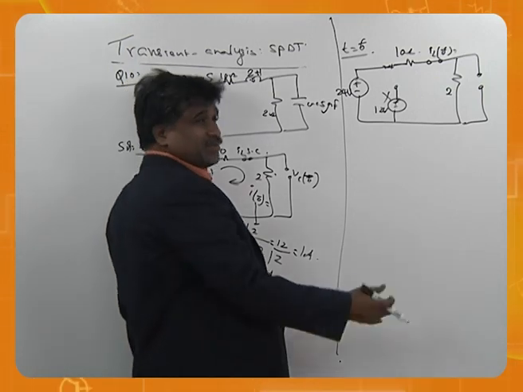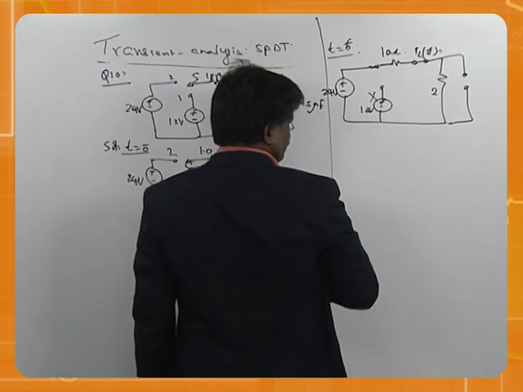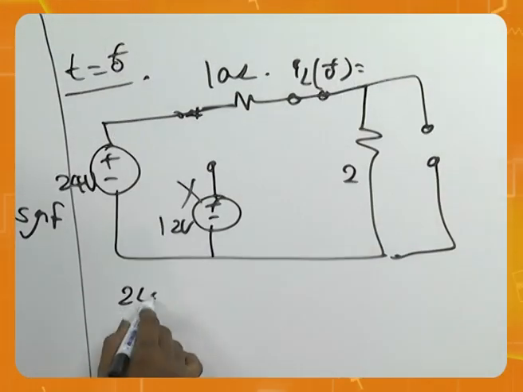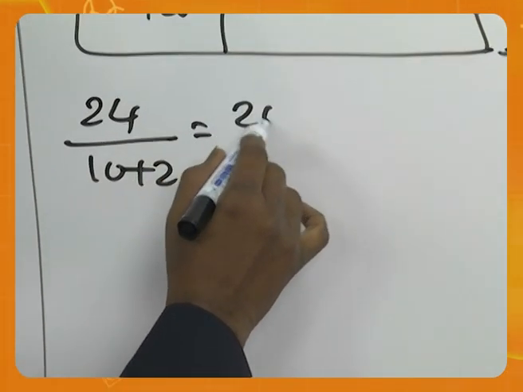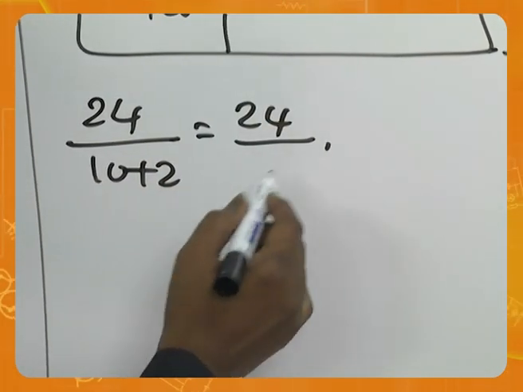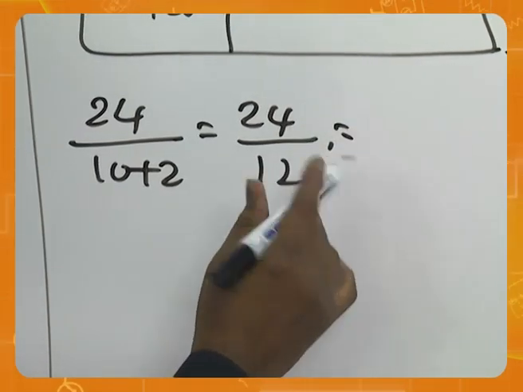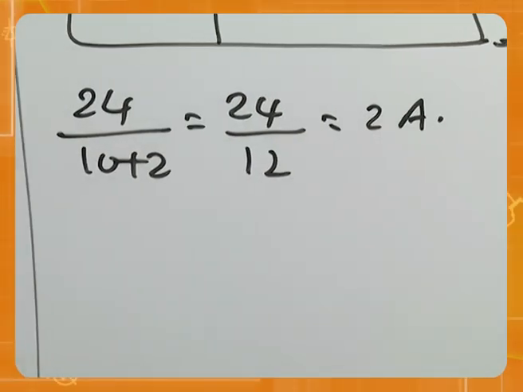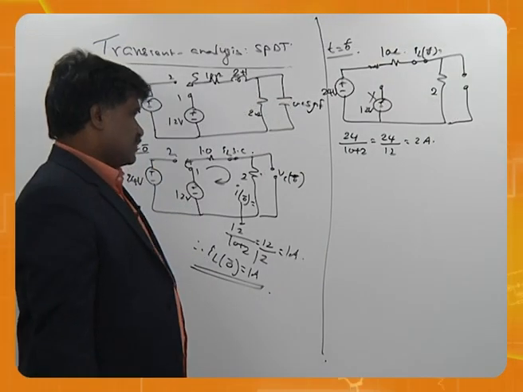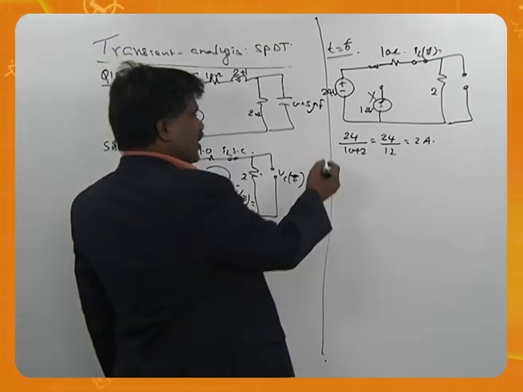Normally students are tempted to say this is a loop, 24 by 10 plus 2, 24 by 12. They want to say 2 amperes. But it's not so. This is a wrong approach.